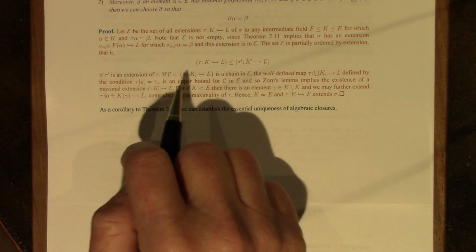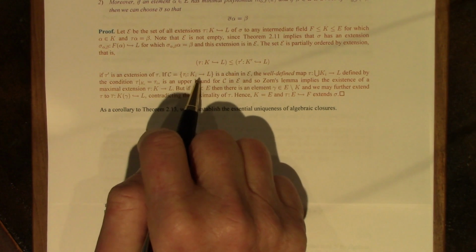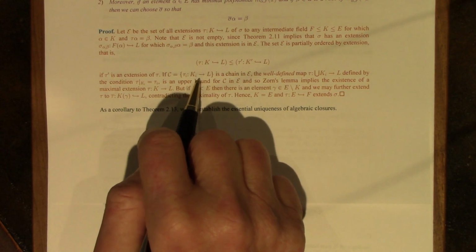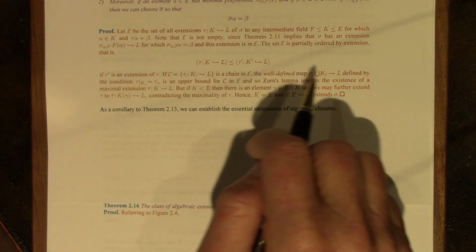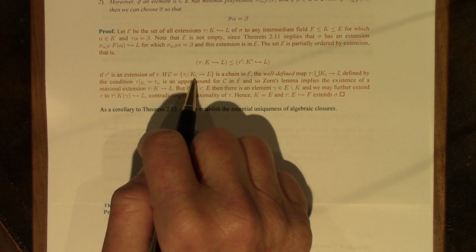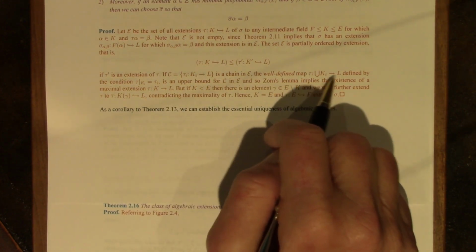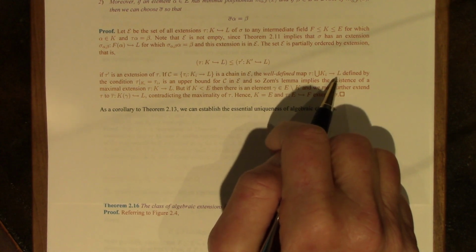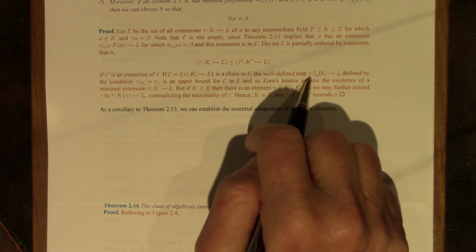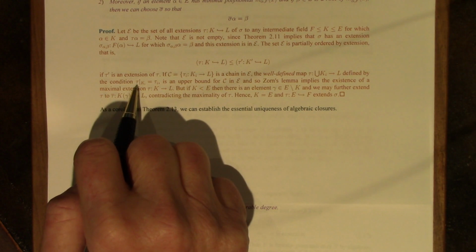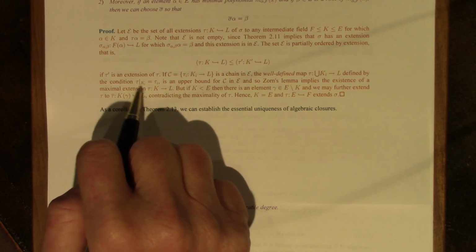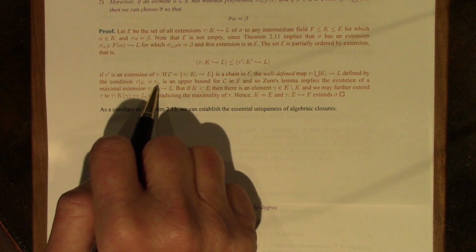To apply Zorn's lemma, we need to look at an arbitrary chain in E and find an upper bound. Well, we can take the union of the domains and map that union into L by tau, and tau is defined by specifying that when we restrict tau to one of the domains, K sub i, we get tau sub i.